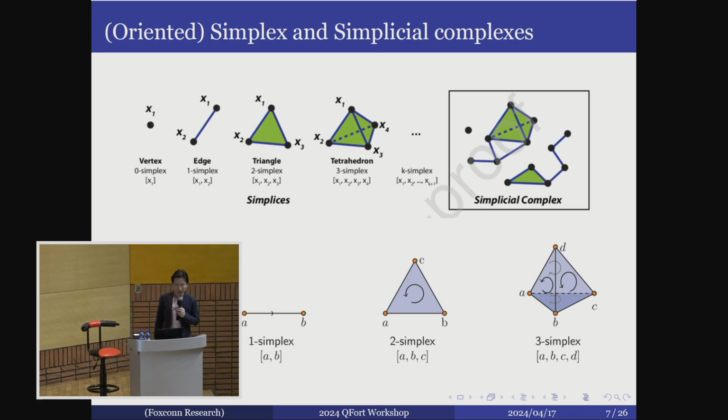And then in this talk, I would like to emphasize that you could define a directed version of this simplicial complex. And we can define the directions by assigning: if it's a positive direction, it's plus. If it's a negative direction, we include a minus here.